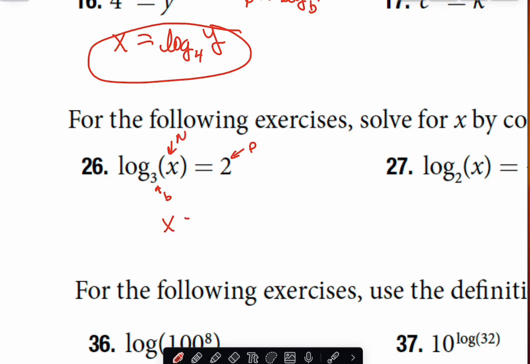So the number x is a base 3 to a power of 2. So what's x? Well, x is 3 squared, 3 times 3. So x is 9. So each one of those, when you do that conversion into exponential form, it should reveal the answer to you. So that's all you're doing for that section. That answer would be 9. What if I put a base 3 with a power of 2? What do I get? I get 9.